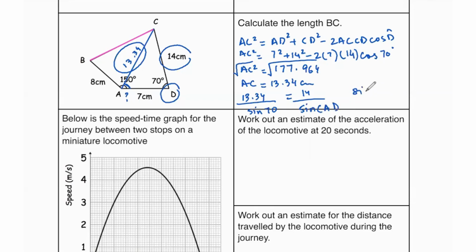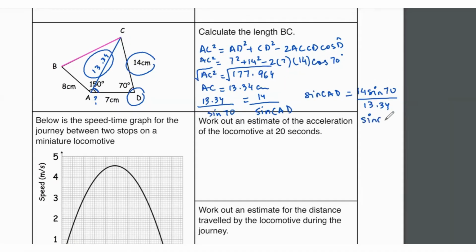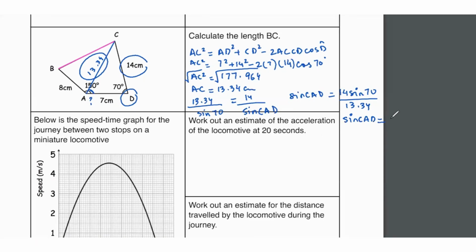So sine CAD is going to equal 14 times sine 70 divided by 13.34. So sine of angle CAD is going to be 0.98618.